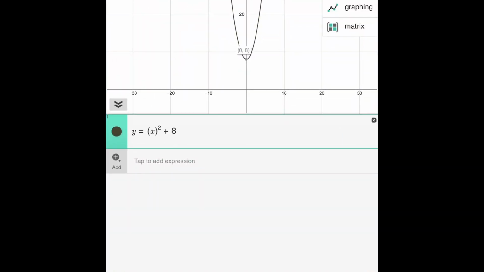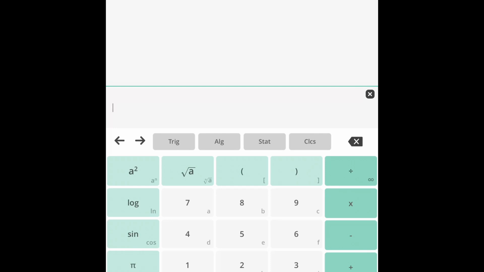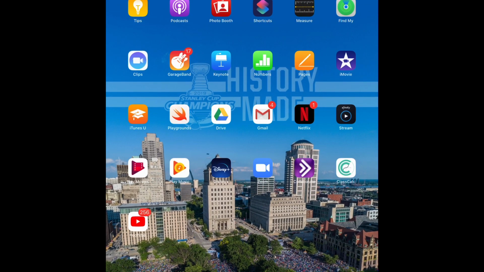And if you want, you can use your calculator for this. So that's 528 minus 240 divided by 30 minus 12, which is 16.